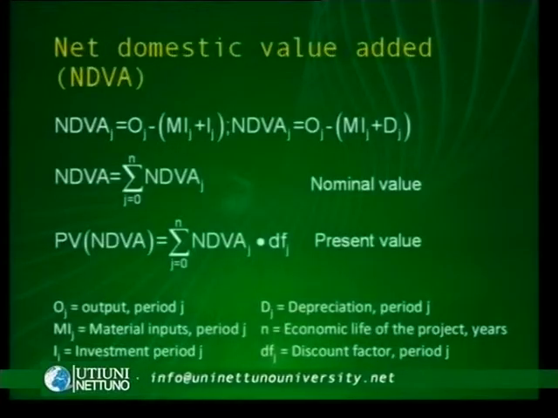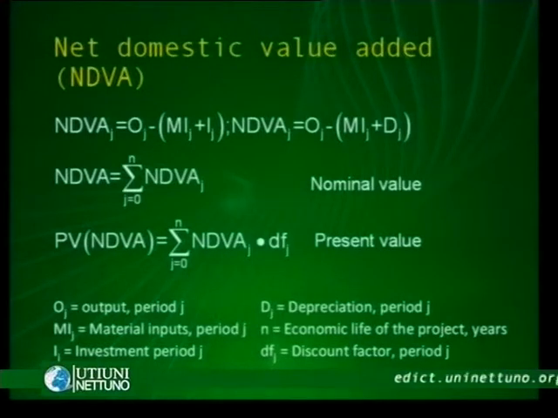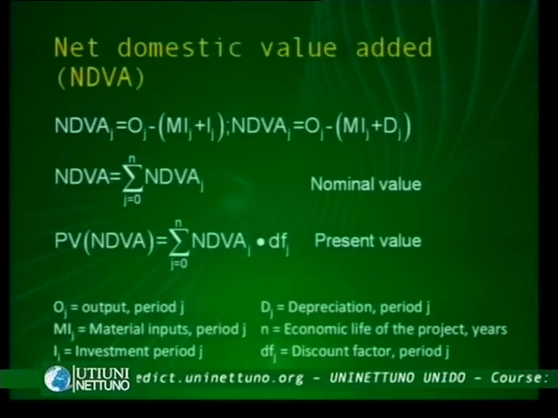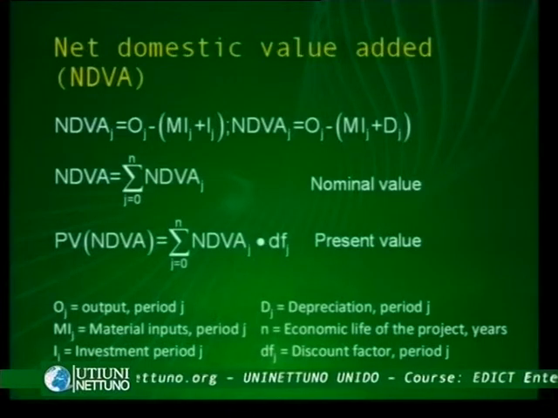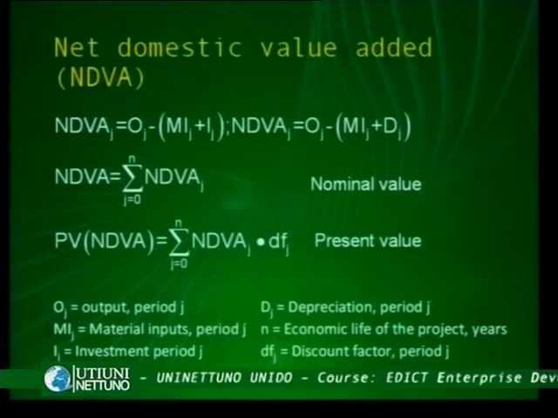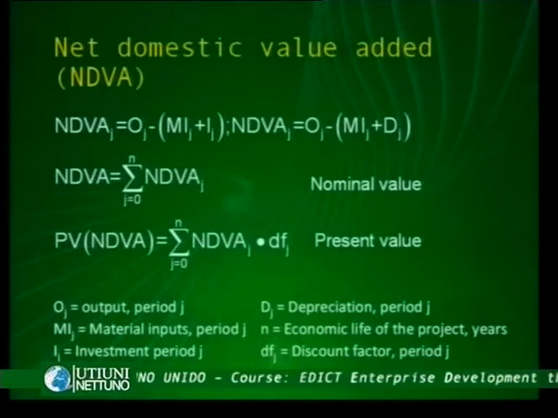So at this point, given the definitions that we know, we can calculate the present value of the net domestic value added, or eventually, as we'll see in the next slide, of net national value added. That is what we use most in the analysis.